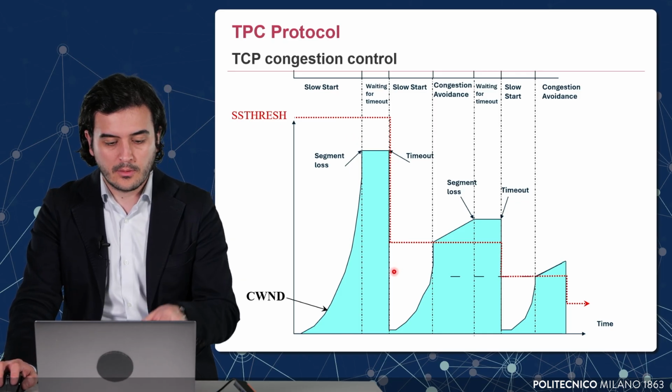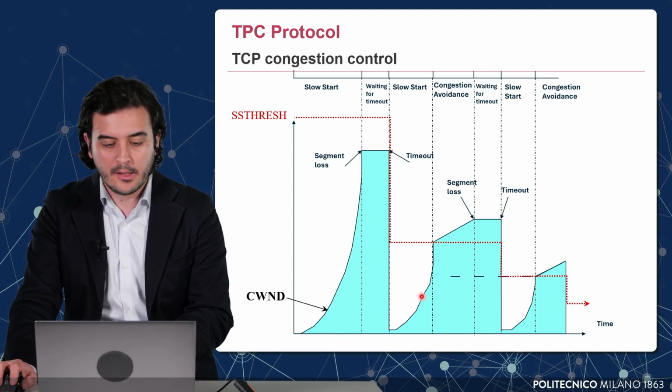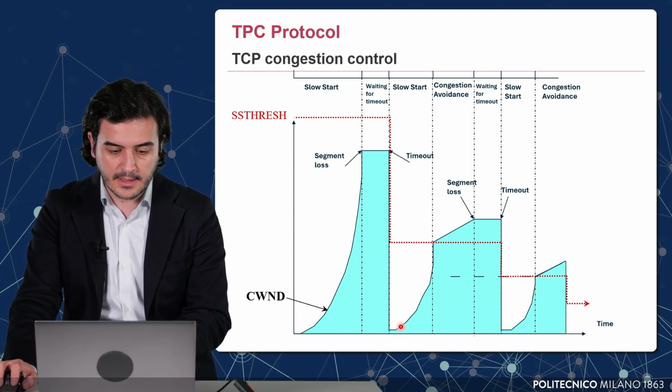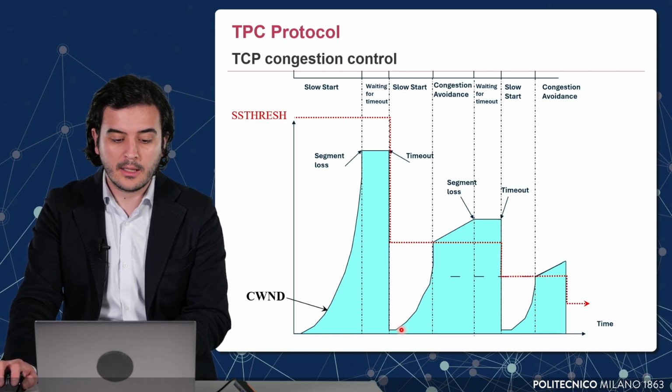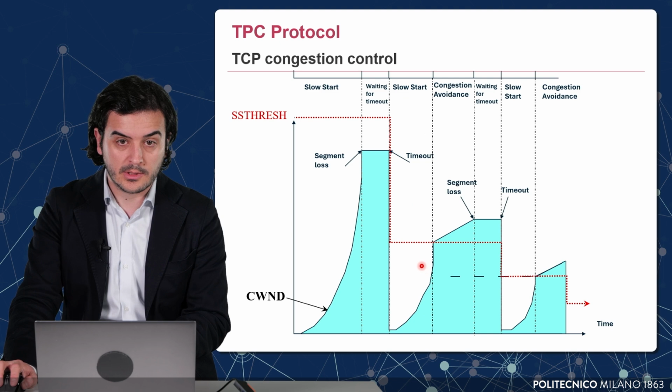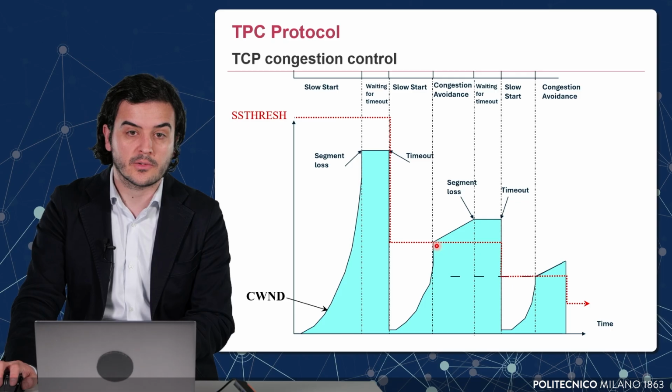In the next step, once we have reset the value of the SS threshold, the value of the congestion window will be set again to 1. In this case, we are again in the slow start phase. The increment of the congestion window happens in an exponential fashion up to the point that we meet the value of the SS threshold.